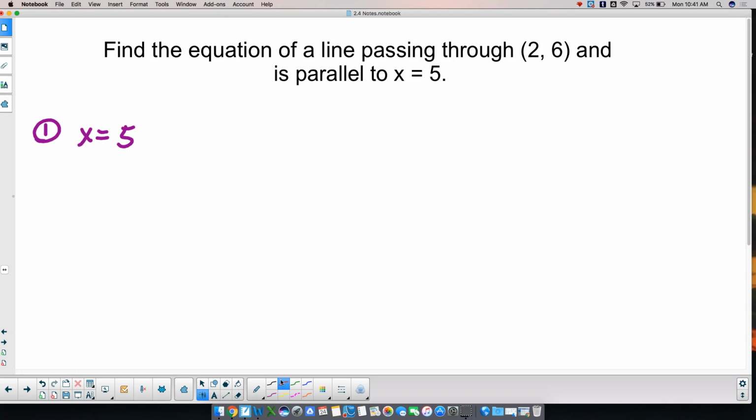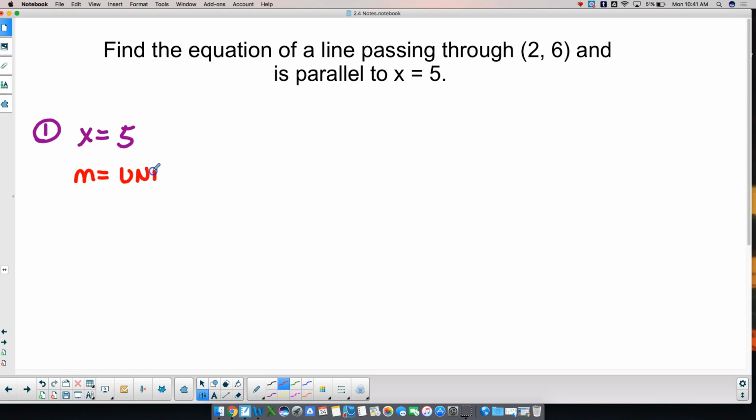Parallel? Not parallel. Vertical. It's a vertical line. Yep, so it's straight up and down. Remember, x equals our vertical lines, y equals our horizontal lines. Okay? So what's the slope of vertical lines? Undefined, right?